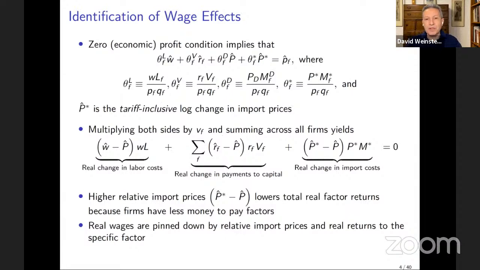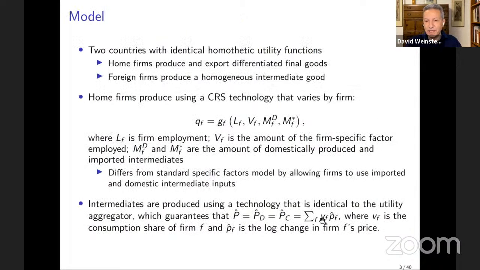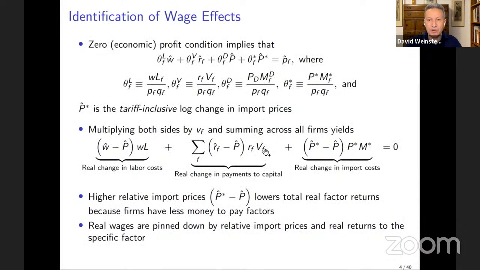Okay, so one of the challenges of taking this equation to the data is that we typically don't observe firm-level prices. But we do know how to aggregate those firm-level prices into a price index. That was what I showed you on the last slide, where we simply multiply them by the expenditure shares and then sum across them.